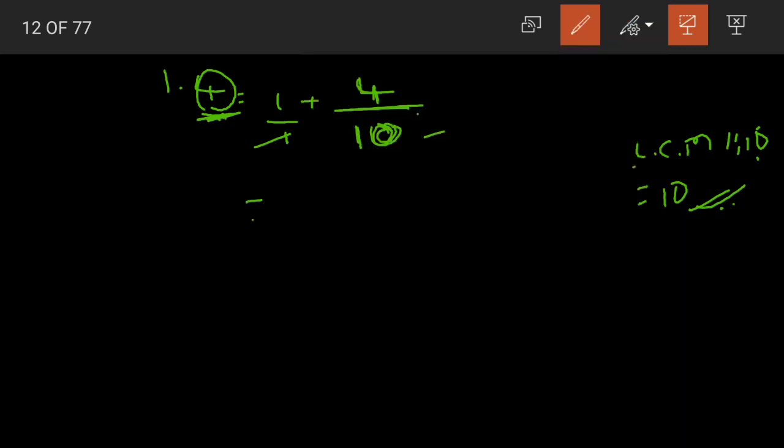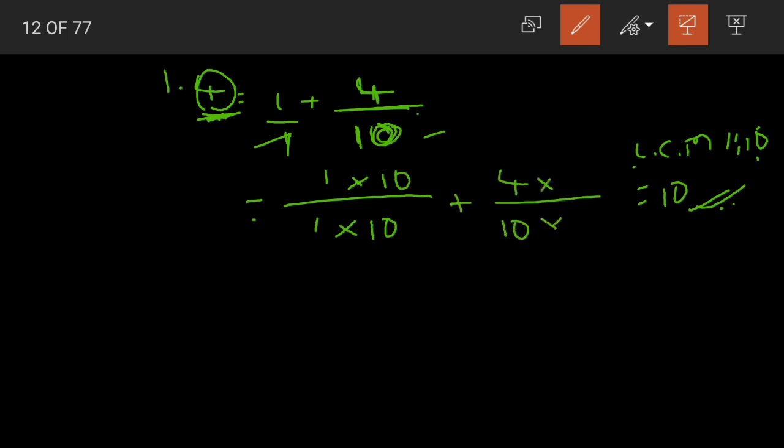Let me erase this. Here we have 1 in the denominator. How will we get 10? If we multiply with 10. Yes, so again we have to multiply the same in the numerator as well. Next fraction is 4 by 10. Now again we have 10 here, and we need to get 10. How will we get it? 10 into 1 is equal to 10.